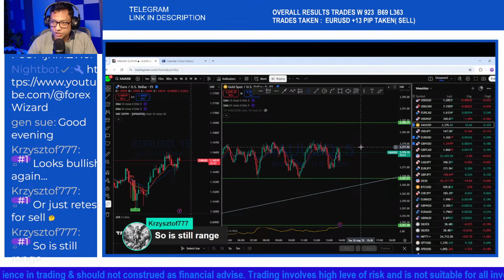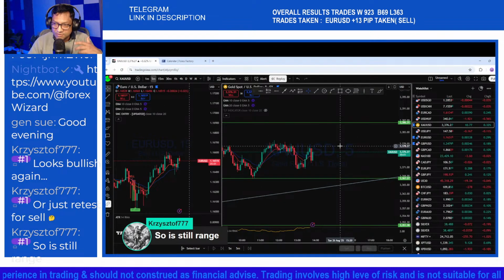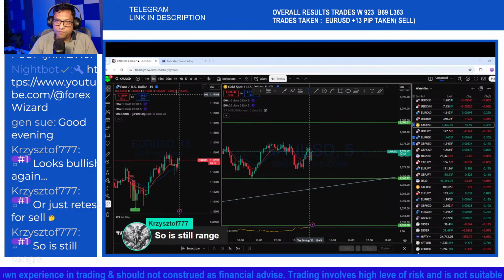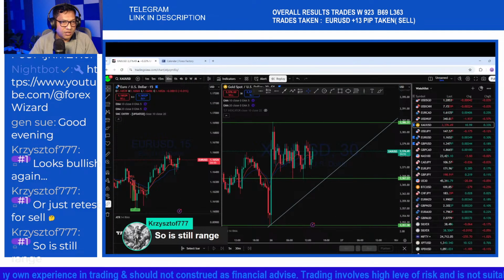So at the moment in that area we have to wait for the breakout, and then we can look for that entry opportunity in this market.